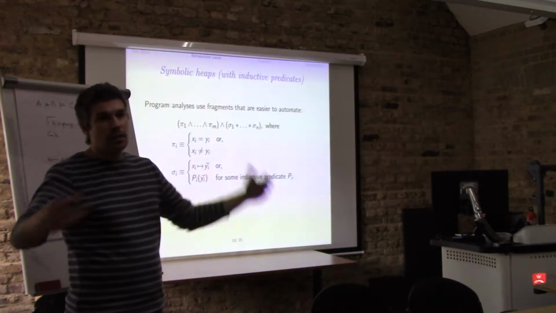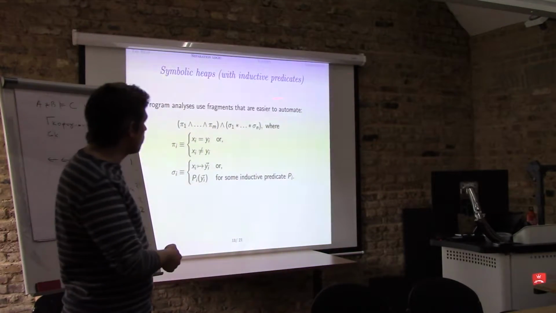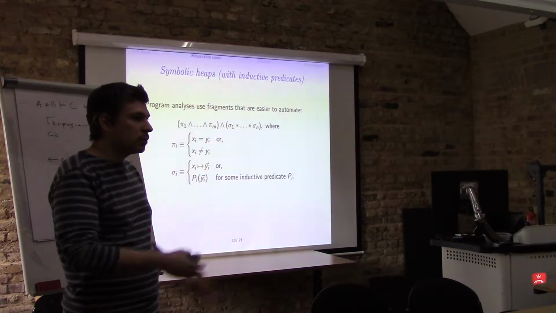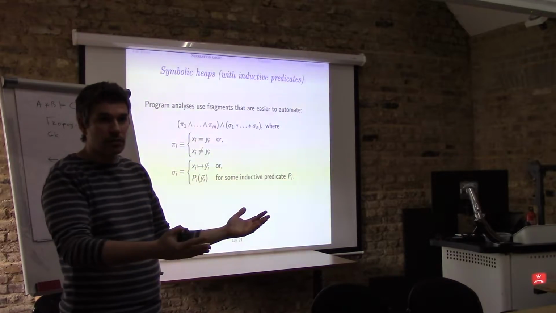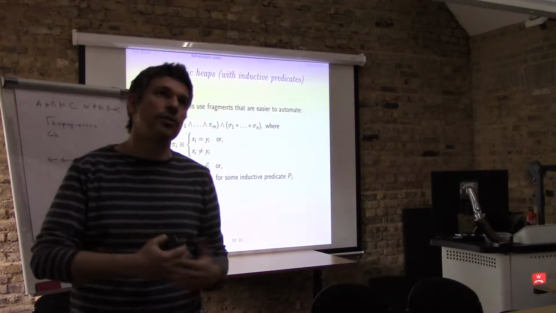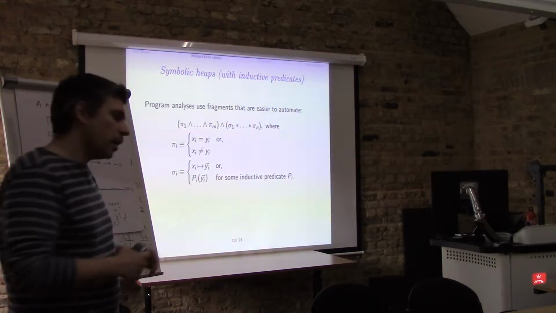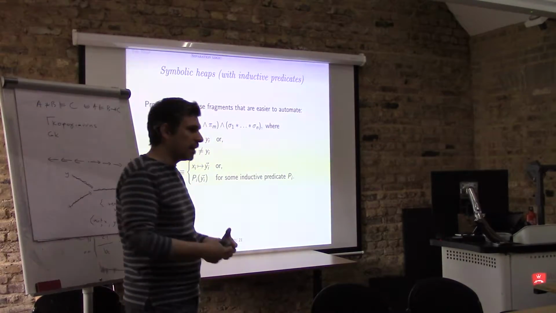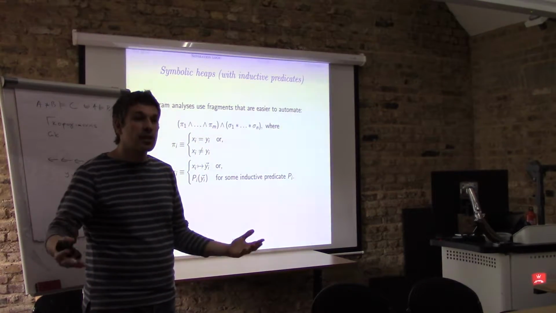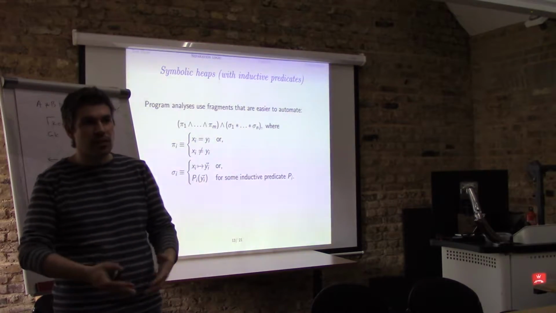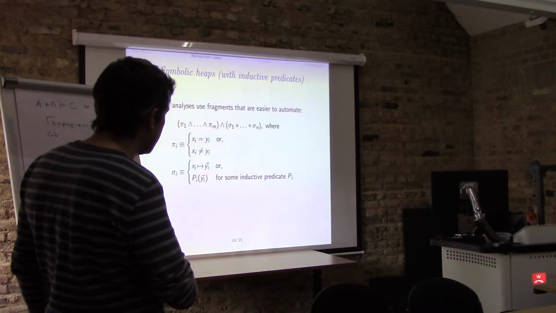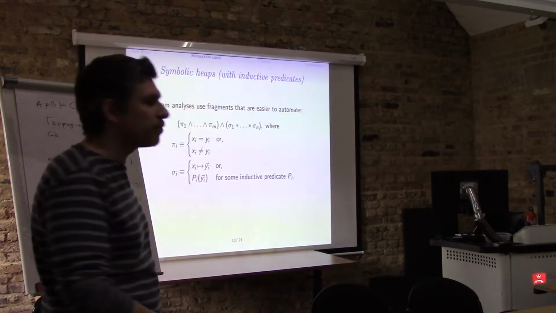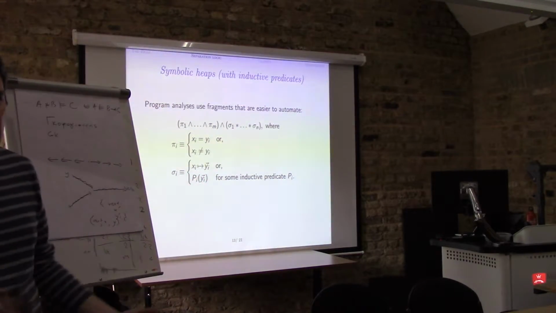Otherwise, we would only be able to speak about finite collections of cells, right? So, bounded collections of cells, I should say. So you would never be able to say, I have a linked list of arbitrary size. You'd only be able to say, I have a list of size 1 or of size 2, right? So, in order to have that ability, we have these inductive predicates, and that's where things get interesting.